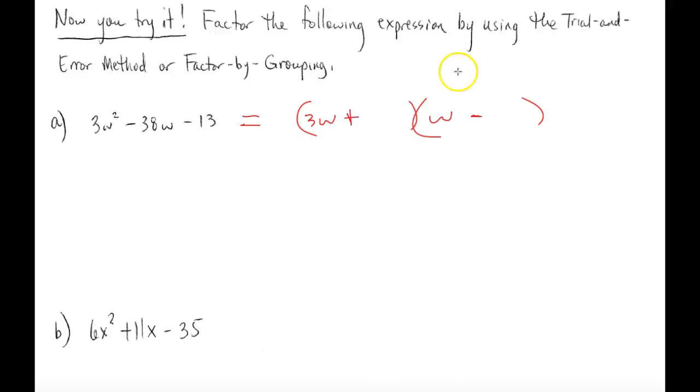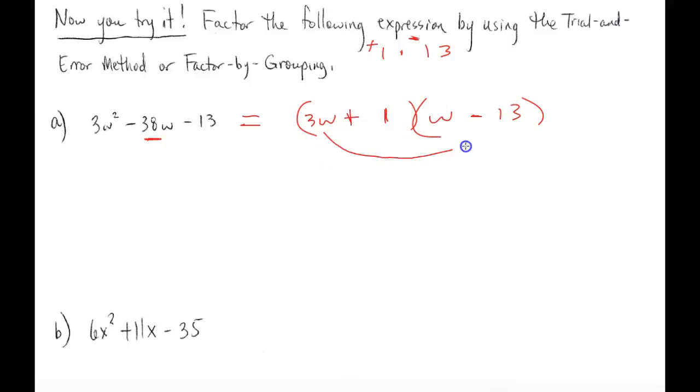We know 13 is prime, so we're only going to have 1 and 13. Since this number here is kind of big, and we want it to be negative, the larger number is the one that needs to be negative. So we'll put the 13 here, the 1 there.